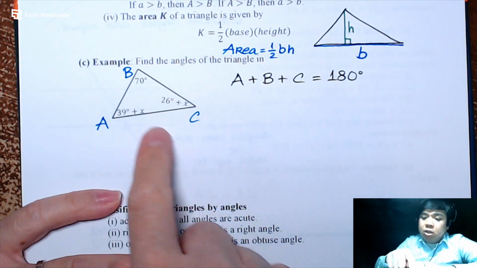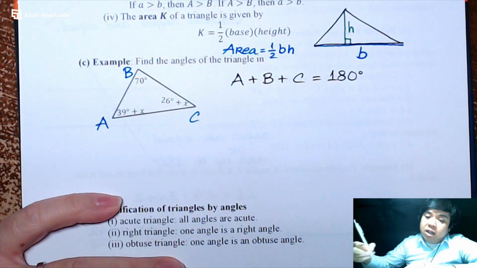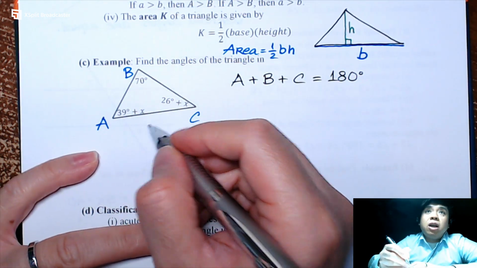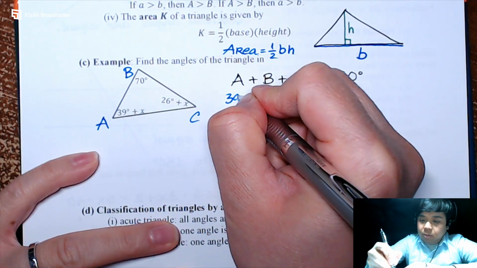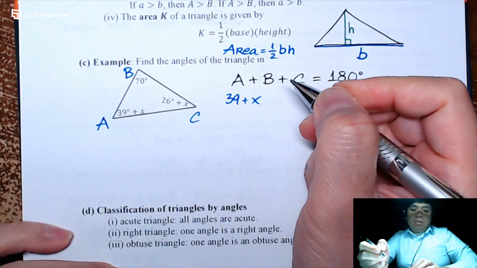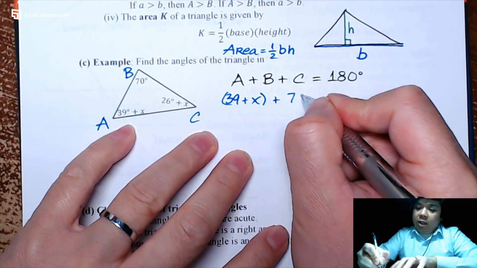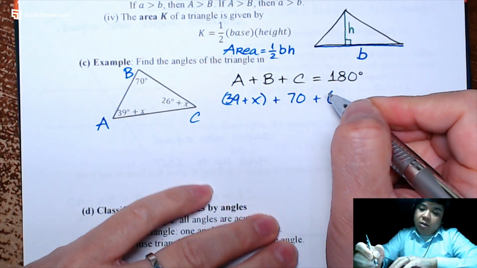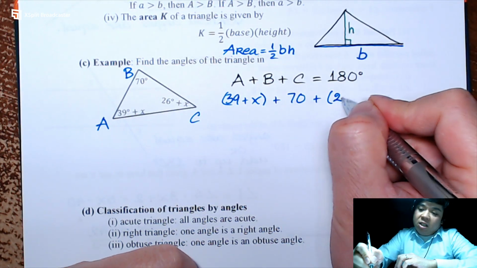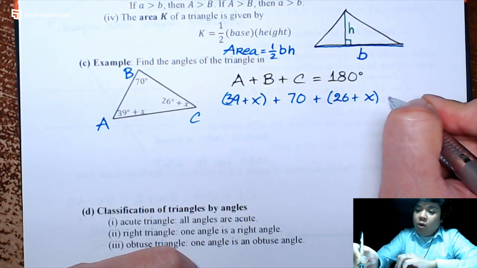And now just substitute all the numbers in. A is 39 plus x. And B is 70. And C is 26 plus x. I'm just going to write the degree for a moment.